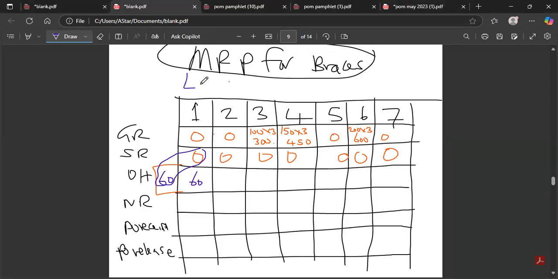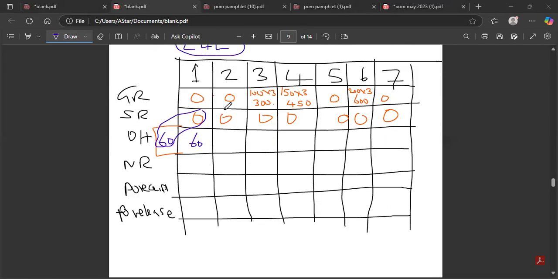We are still using lot for lot. Are people with me? Yes. So this is what we are doing now. Here it will be 60 plus 0 minus 0, it will be 60. 60 plus 0 minus 300. Can you tell me what we're going to have here?